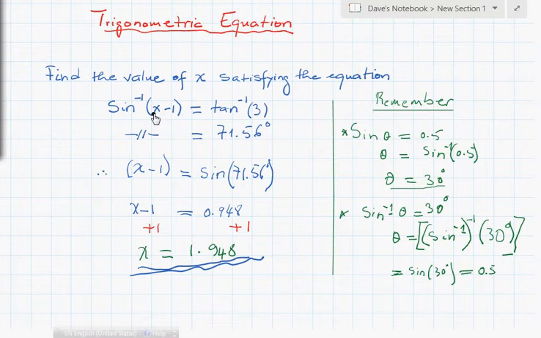So x minus 1 equals sine of 71.56 degrees. We computed this value and it gives us 0.948. Then we add 1 on both sides, since we're looking for x, and it gives us at the end x equal to 1.948. We can even round it up to 1.95.